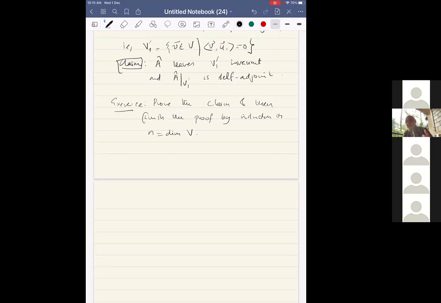Even in Rn, if you choose some arbitrary unit vector and take its orthogonal complement, it doesn't come with a natural orthonormal basis, unless you happen to be lucky and your unit vector was along one of the axes, which need not be the case.